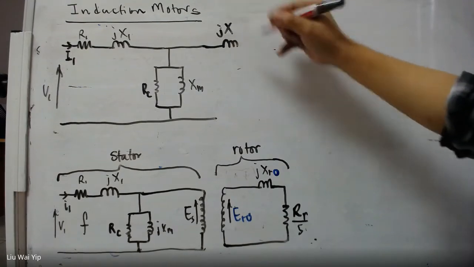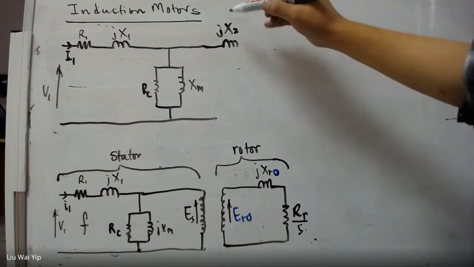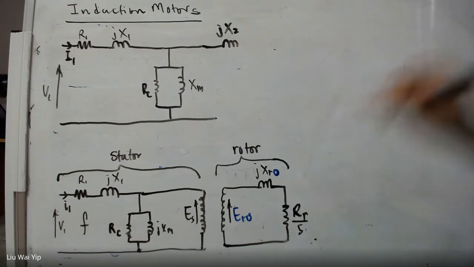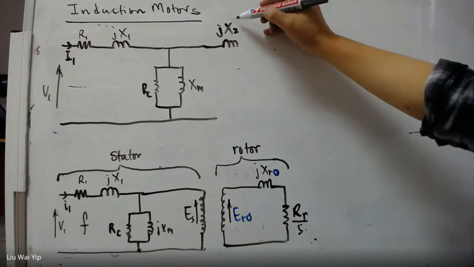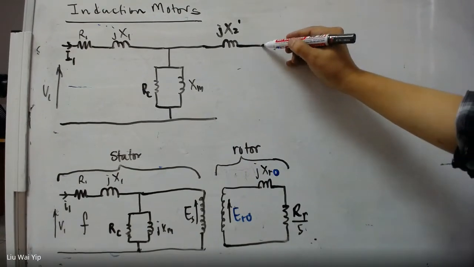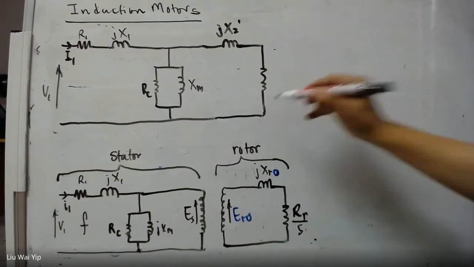And we use jX2' to stand for the referred secondary reactance. And of course, we have a resistance here.